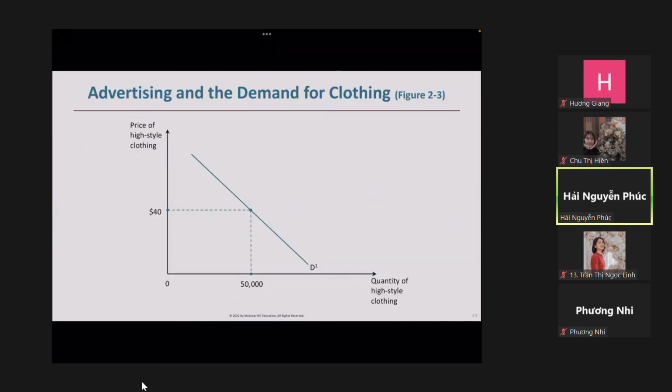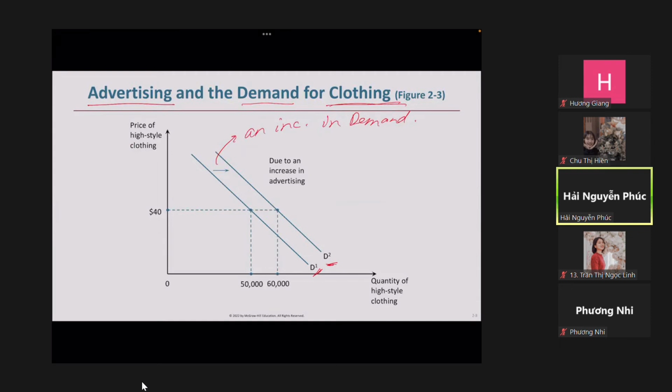Here's an example. Suppose we have a market, and we are going to illustrate the effect of advertising on the demand for clothing. Suppose we have the demand curve. If the firms in this market spend more on advertising, it will shift the demand curve to the right. We're going to have an increase in demand due to the impact of advertising.